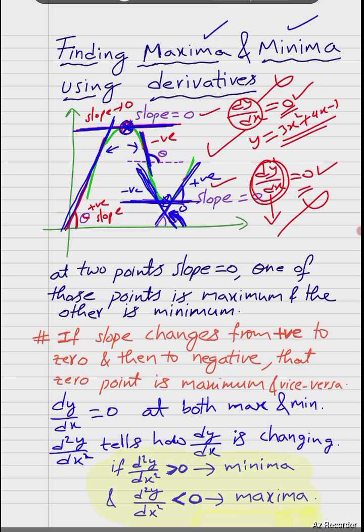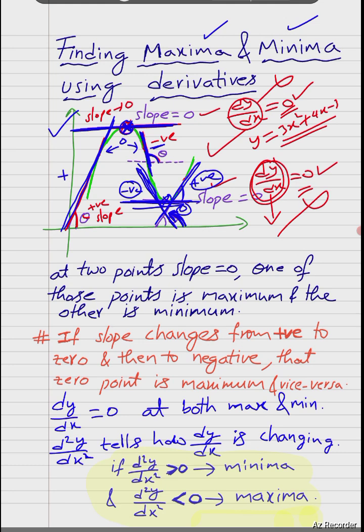You observe the fundamental difference. Near the maximum value, it is changing from positive to 0, then to negative. But here, negative, 0, then positive. So this is how we differentiate what is happening near the maximum value and near the minimum value.